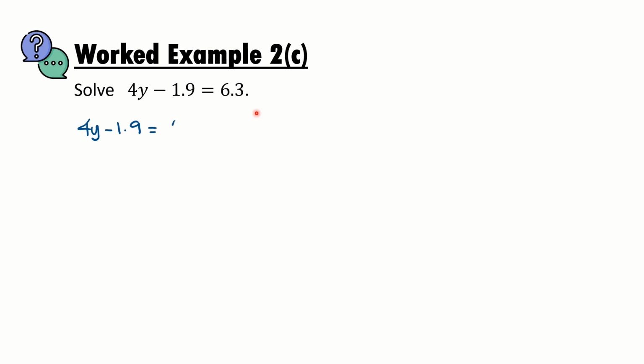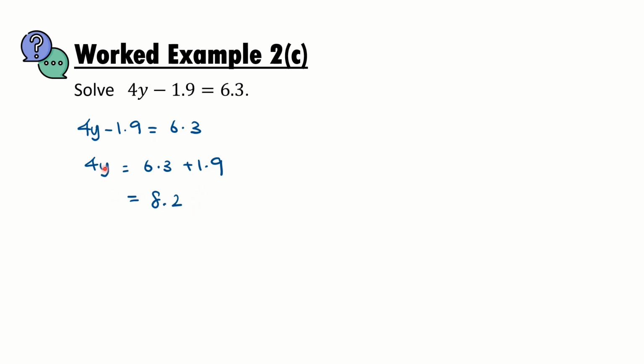So let's first just copy down the question. And then in our next step, we have 6.3 plus 1.9 because we have shifted this minus 1.9 over to the right side. So with this, 4y equals to 6.3 plus 1.9, which equals 8.2, which we can get after pressing our calculator.